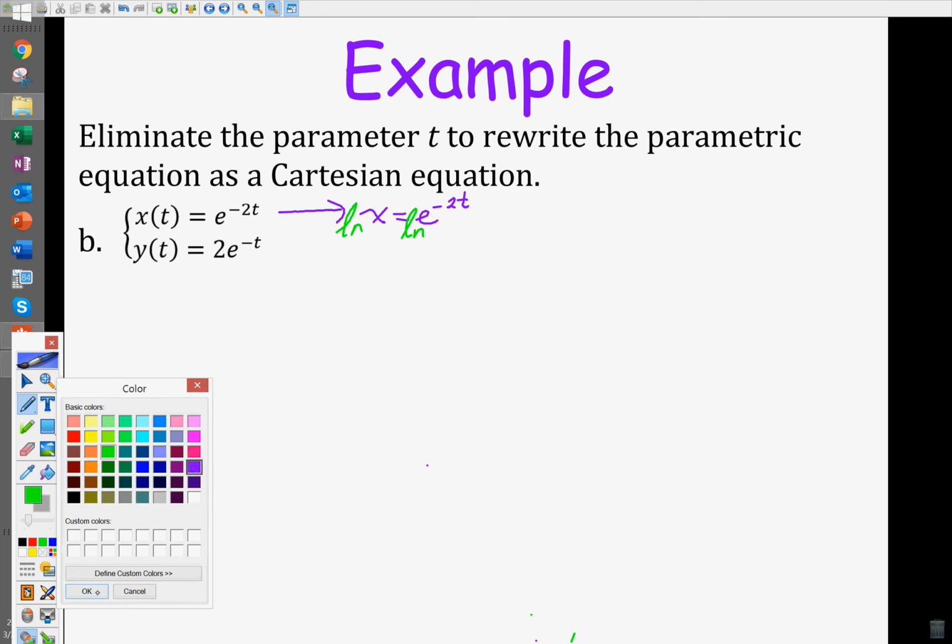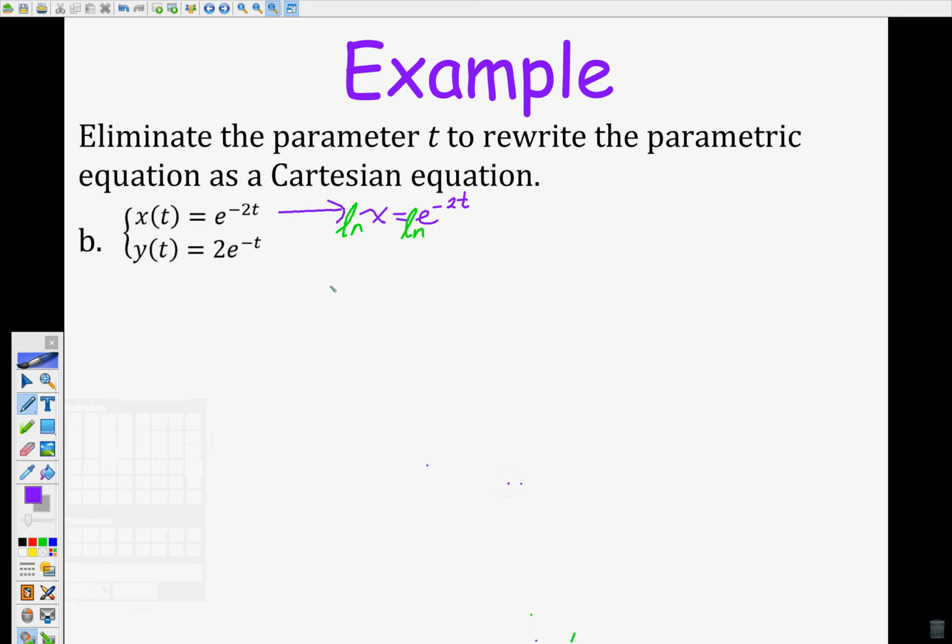So once I take the natural log of both sides, that leaves me with the natural log of x is equal to negative 2t, because remember, the natural log and e undo each other. And then I divide both sides by negative 2. The natural log of x divided by negative 2 is equal to t.